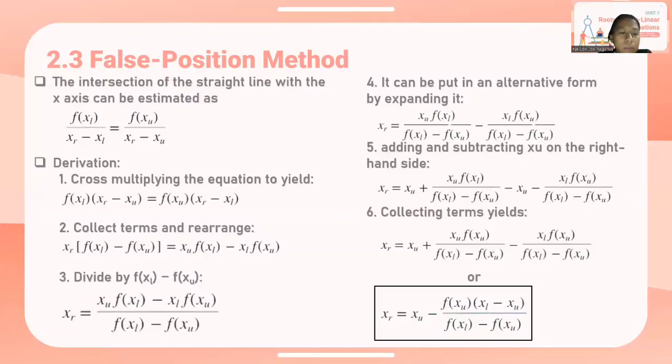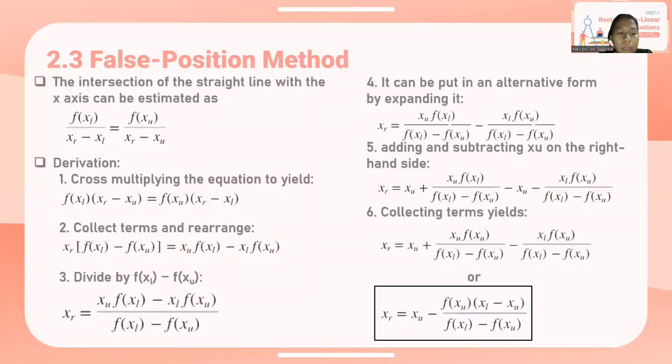We collect terms and rearrange: xr times (f(xl) minus f(xu)) equals xu times f(xl) minus xl times f(xu).